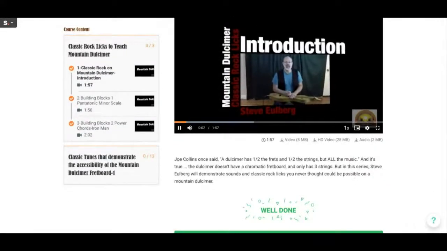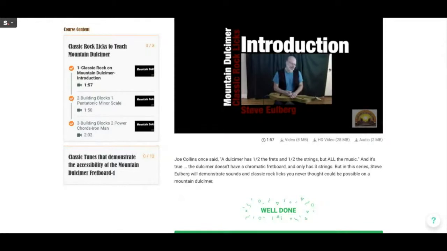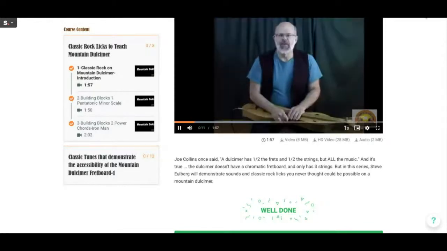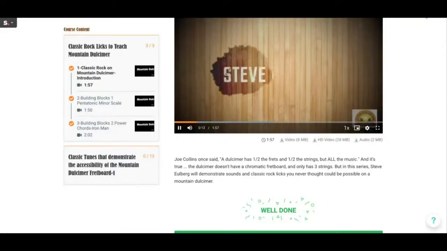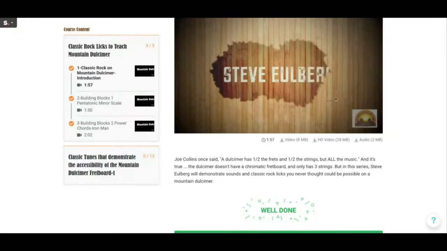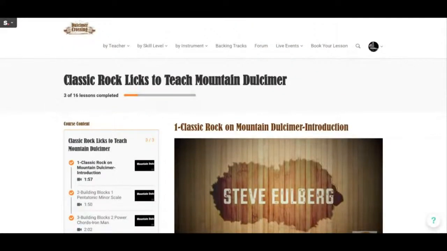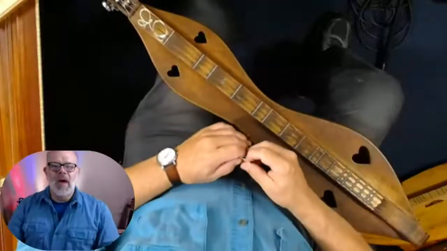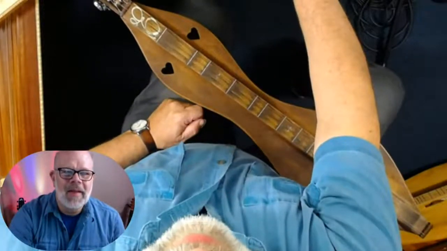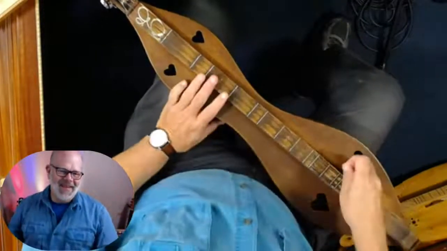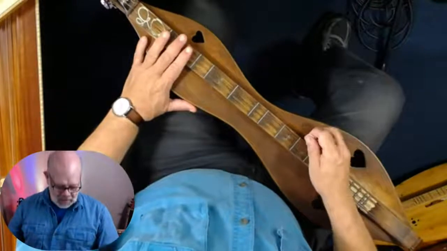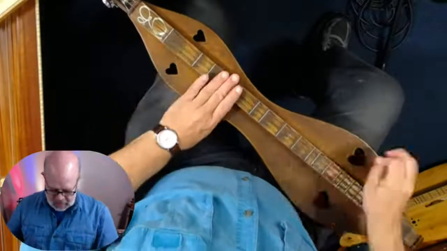I'm looking at the way the fretboard is laid out and how everything we're doing here can play a lot of rock music. Now, why would I say anything about that? Because rock music is built on a lot of power chords. So one of the examples here is this one.